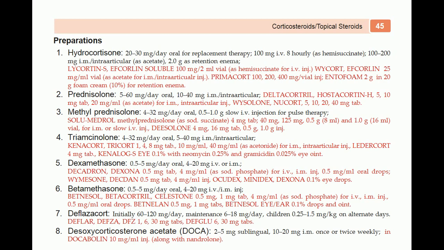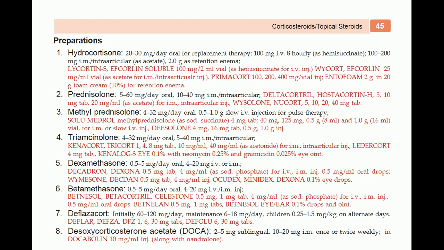After that, betamethasone. Betamethasone is another corticosteroid preparation, available at a dose of 0.5 to 5 mg per day orally and 4 to 20 mg IV or IM as injections.